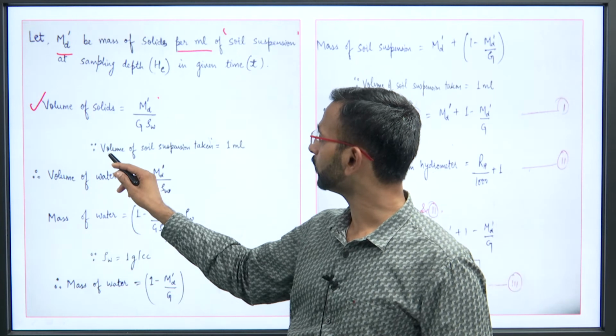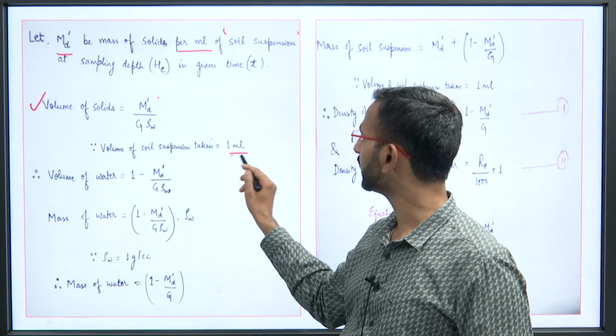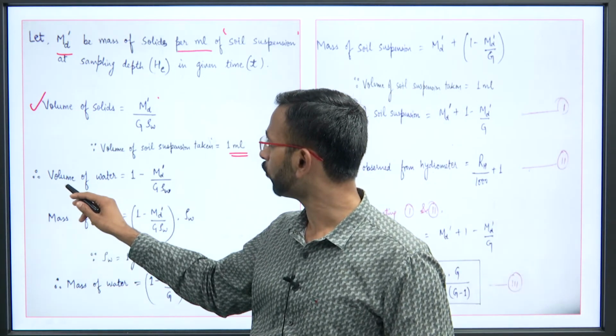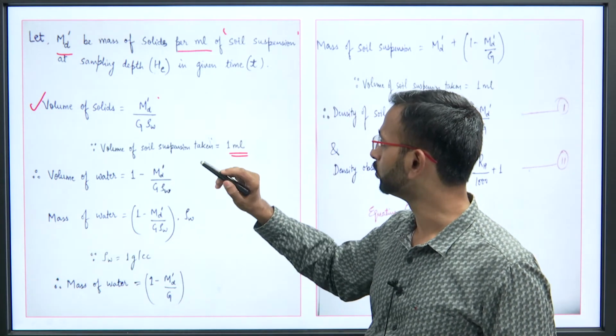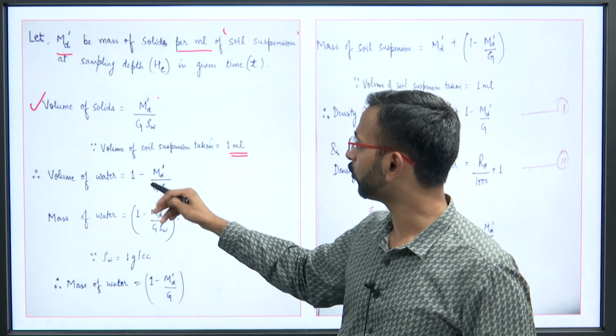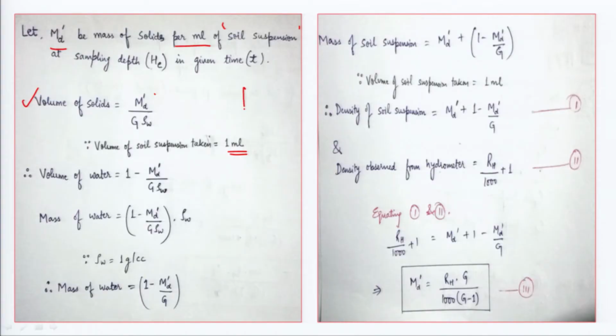Then the volume of soil suspension taken is what? 1 ml. So the volume of water will be 1 minus MD dash by G rho W, because it will be solids and water. So the total is 1, and if we subtract the solid, we will get the volume of water. 1 minus MD dash by G rho W, that is the solid portion, this much is the solids.